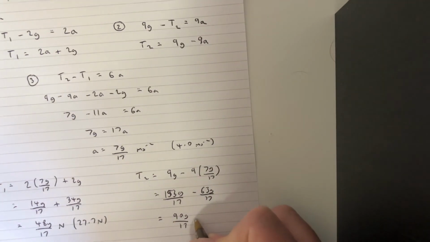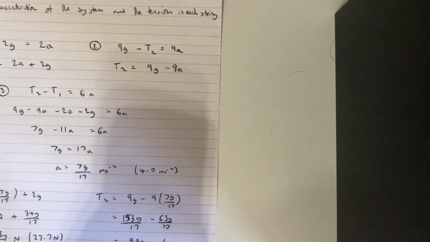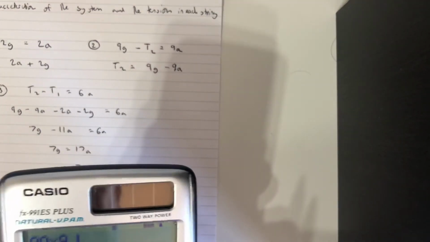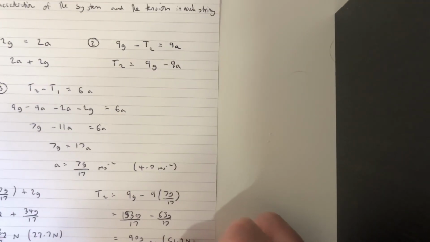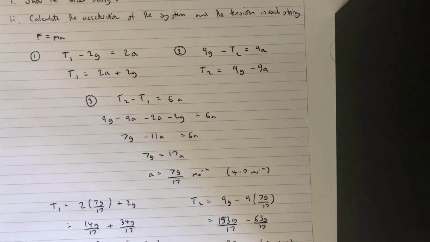If I type that into my calculator, 90G divided by 17, that gives you 51.9. That gives you overall the two tensions in the string.